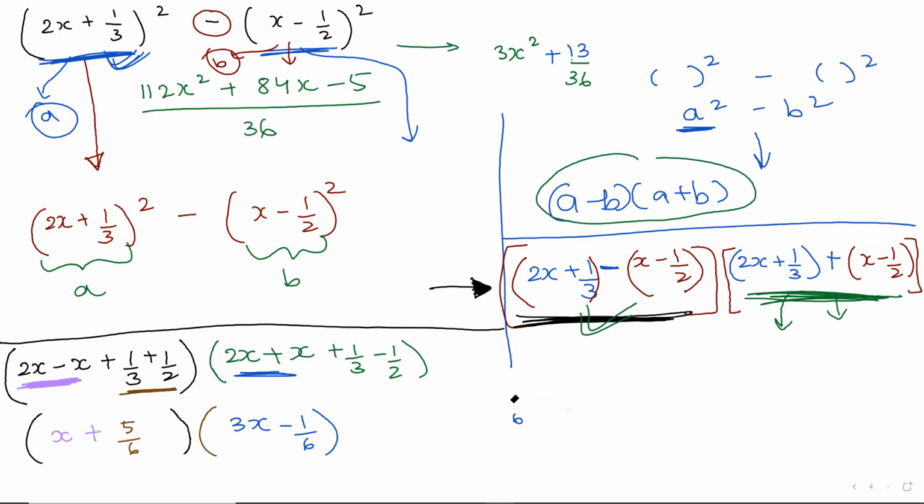So the factorization of this becomes x plus 5 by 6 multiplied by 3x minus 1 by 6. Is this clear, Hamna? Are there any doubts in this?